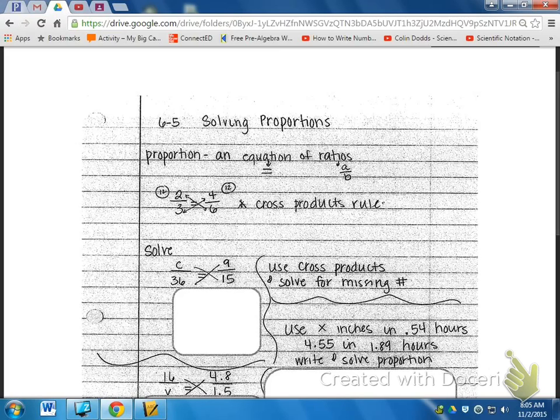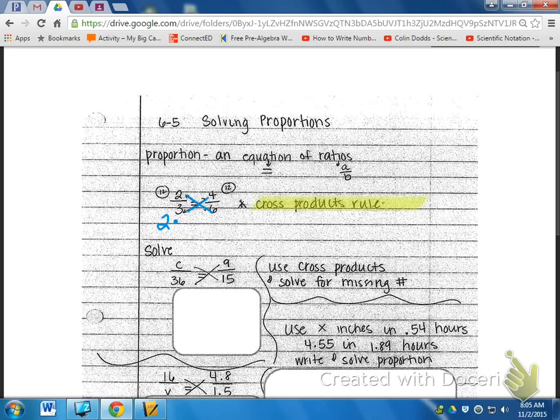So we'd use what's called the cross products rule. And the cross products rule is this: when you have a proportion, if you cross, that's what I'm going to say every time we do this, multiply diagonals and they're equal, it's proportional.